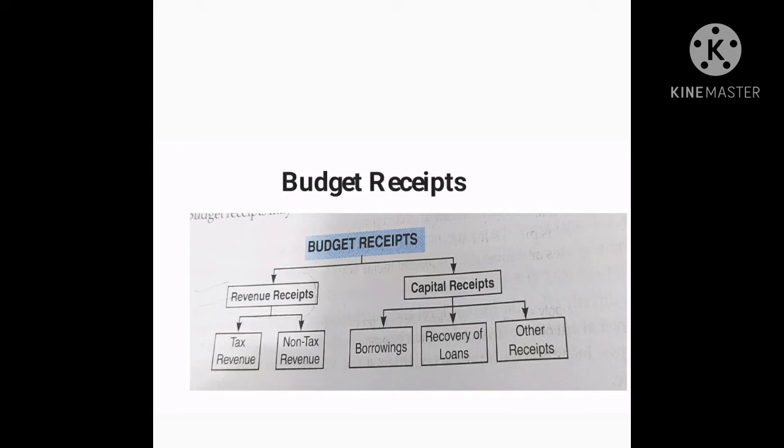Various services provided by the government, police and defense, social and community services such as medical services, and economic services such as power and railways also yield revenue for the government. Though the railways are a separate department, all their receipts and expenditure are routed through the consolidated fund.